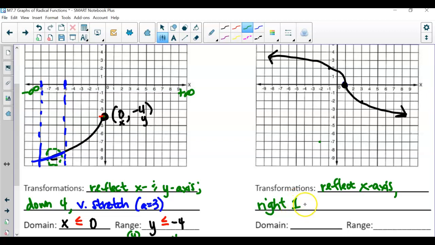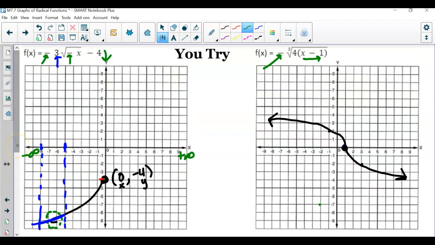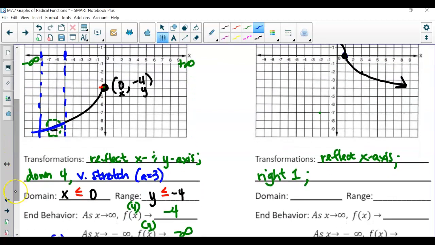And then you should have also noticed that this is a little bit flatter as well, because here, or no, I'm sorry, it wasn't flatter. It was kind of like pulled in that upper direction. So now notice here with that value of 4 on the inside, that is our horizontal. Now before identifying if it's a stretch or a shrink, I like identifying what that value of B is.